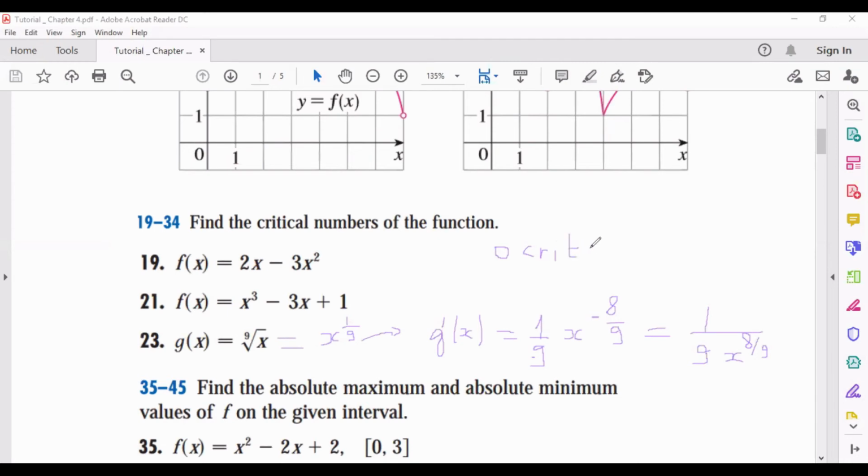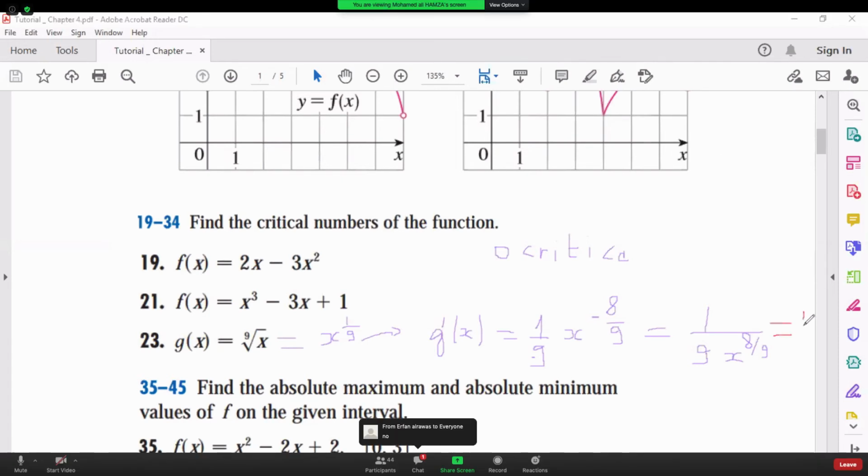Do we have another critical number? When does the derivative equal 0? Does this become 0 or not? Can 1 over something equal 0? How? Not possible. Is this one equal to 0?